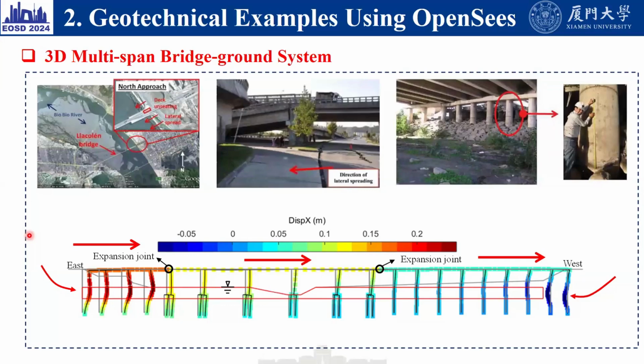It is similar here because on one side there is more liquefiable soil. So on shaking, the deformation on this side is very large, but on the other side there is less liquefiable soil. That's why, when the soil is liquefied, the large deformation here pushes the bridge in one direction and makes the bridge get damaged. So this is the idea.